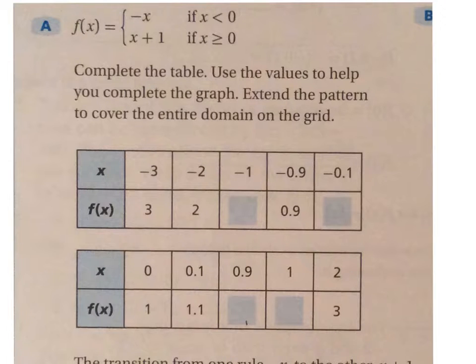Now let's take another look at that same function but in a different format. Notice we have f of x equals -x and f of x equals x plus 1 with the same domain restrictions. So instead of evaluating them just one at a time, we're going to look at them in a table. So for instance, if we look at this one, I want to find out the f of x when x is -1.